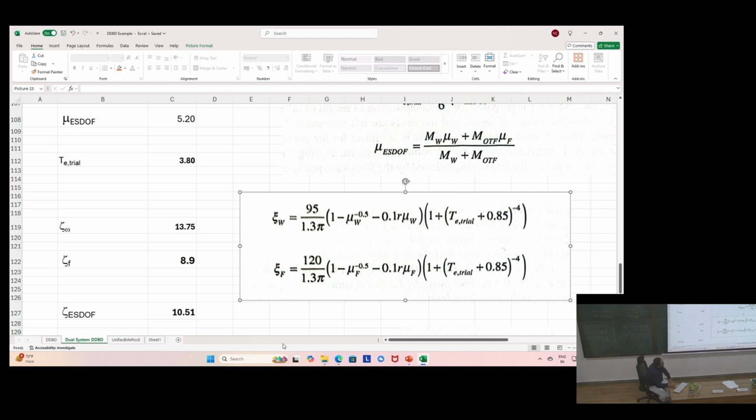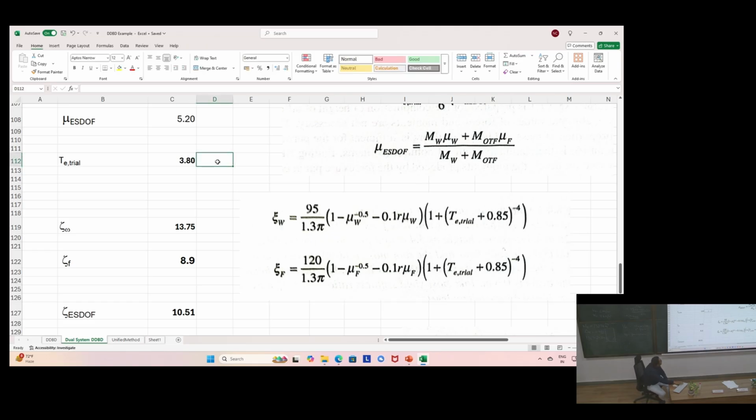So xi w and xi f is what is needed. You have mu w, you have T trial, which is 3.8 seconds. Please make sure to take care of the units. And then what you need is R. What is our R? 0.1, our post-yield stiffness ratio.